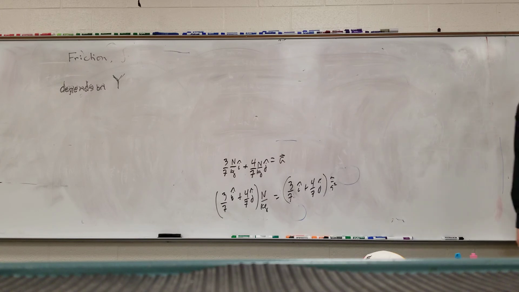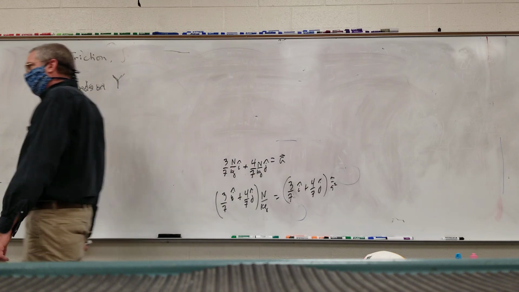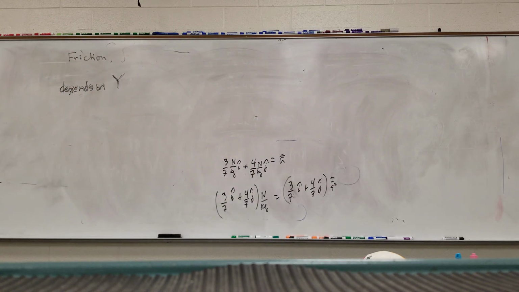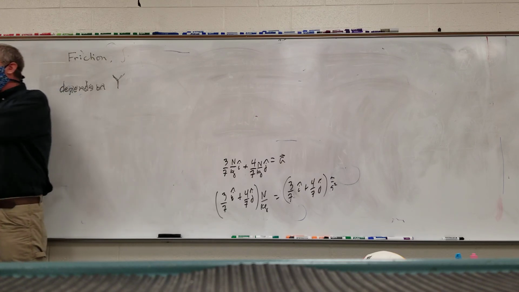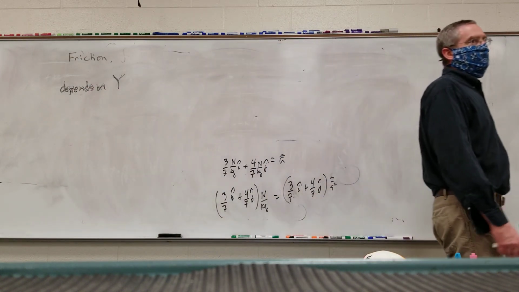Friction actually depends upon one other thing. So let's assume I've got this mass sitting on top of the book, and I want to make it easier to slide it. What could I do?